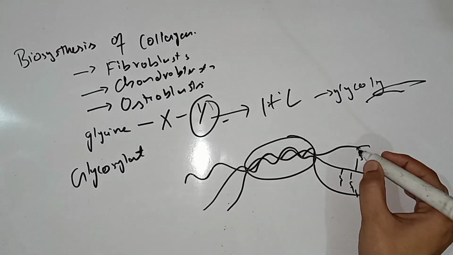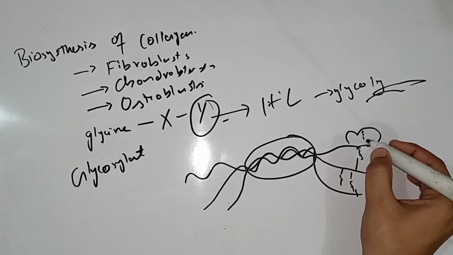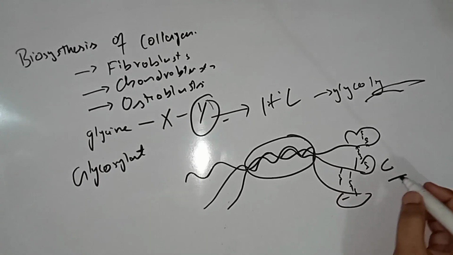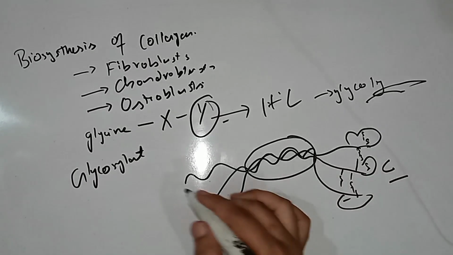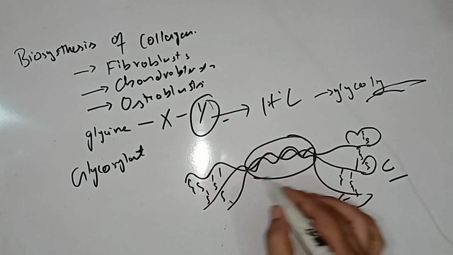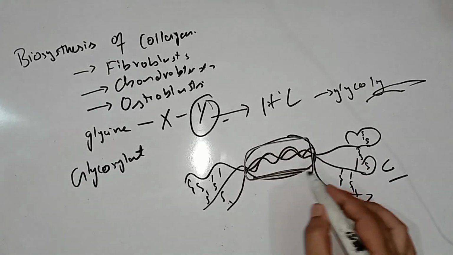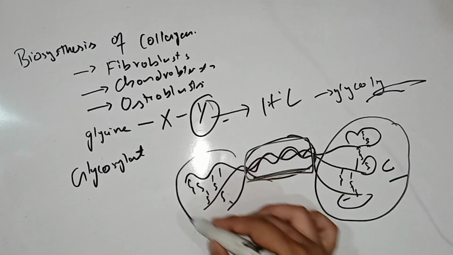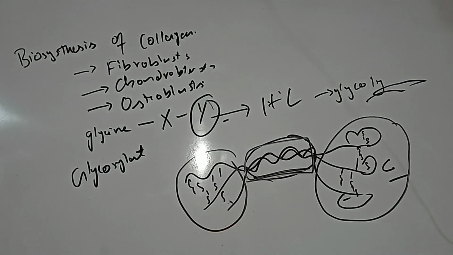These disulfide linkages occur between chains as well as within chains. So at C terminal, this is the formation of disulfide bonds. Similar structure also exists at the N terminal. So in the center there is the triple helical structure of collagen, and at C terminal this is propeptide, and at N terminal this is propeptide present.